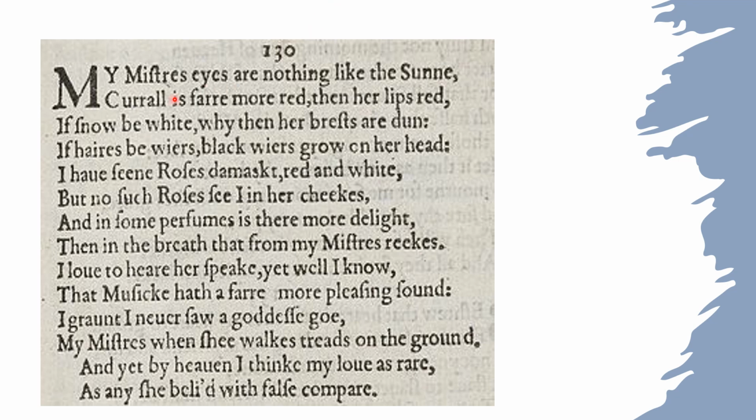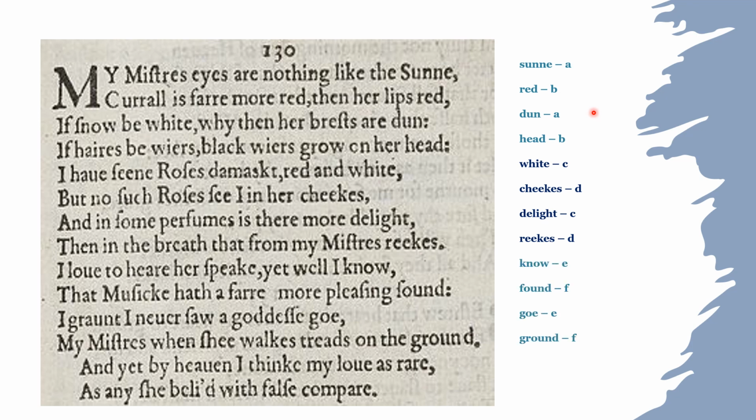We have the example of sonnet number 130 of William Shakespeare. My mistress' eyes are nothing like the sun. As we have seen, the rhyme scheme is ABAB, CD, EF, and GG.